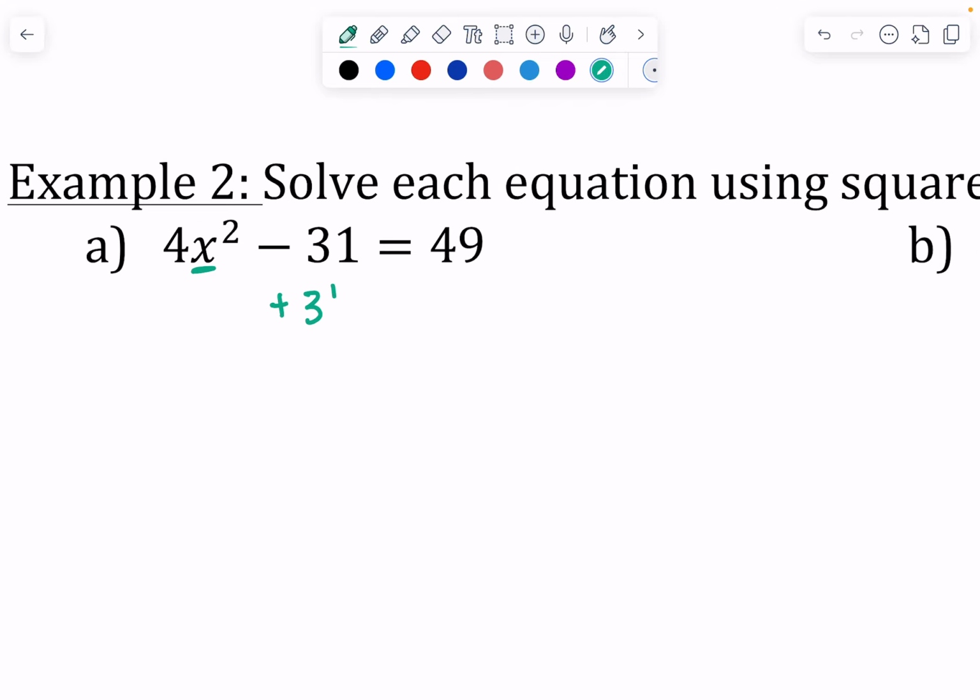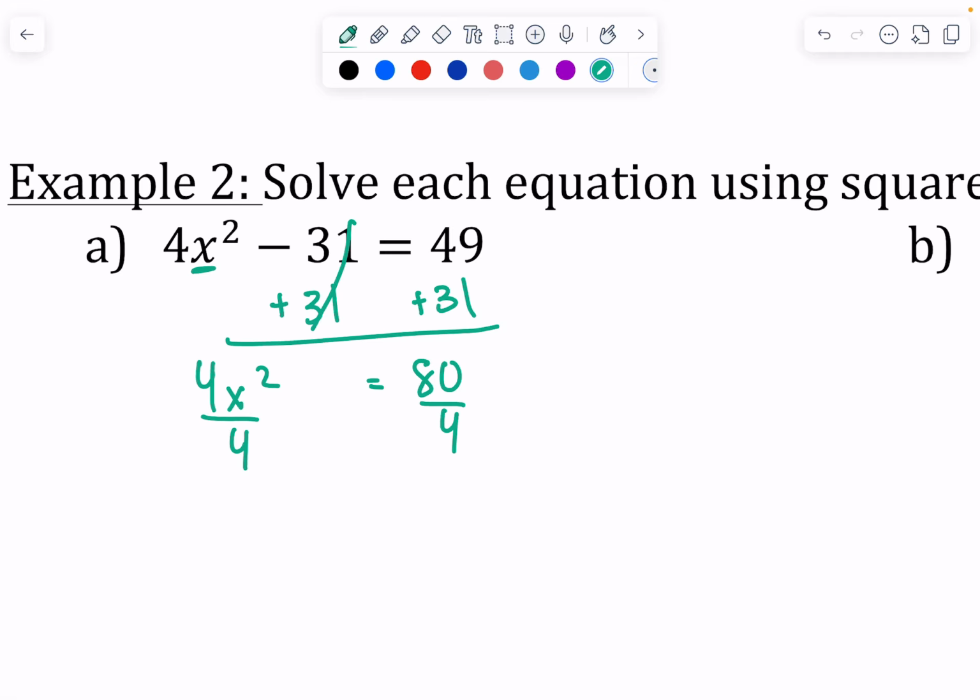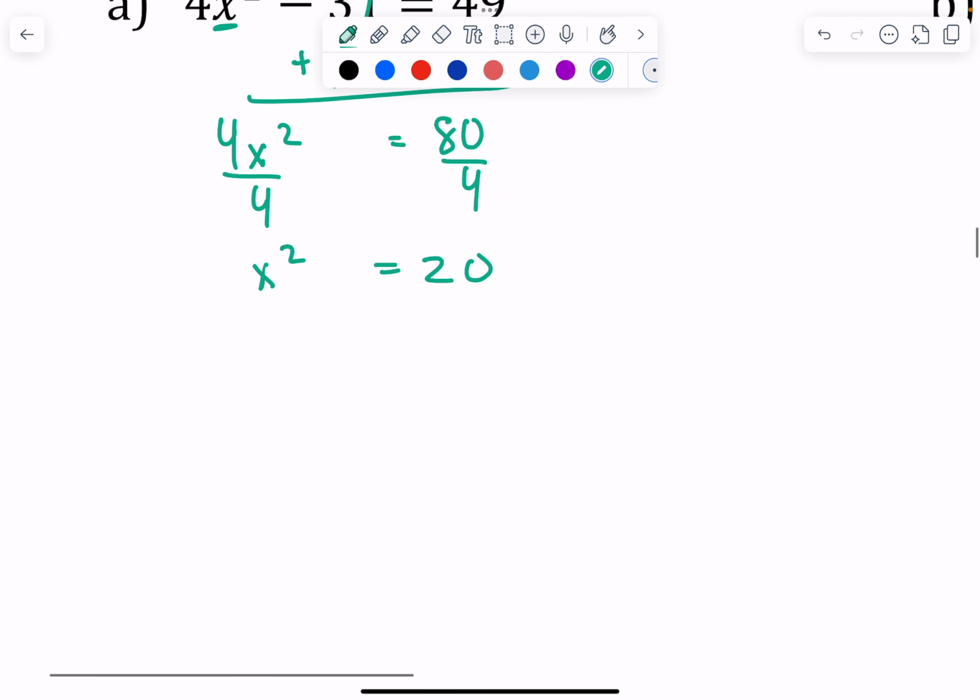I begin by adding 31 to both sides, dividing by 4 on both sides, and then lastly, square rooting both sides, which anytime you square root both sides of the equation, you have to remember to add, very, very important, the plus or minus. So this is going to equal plus or minus root 20.